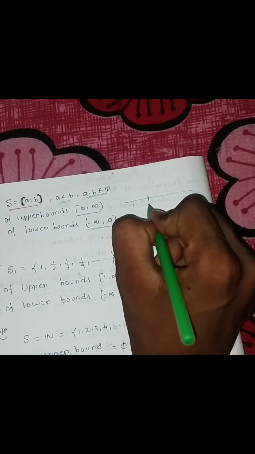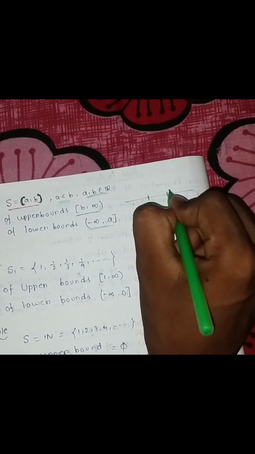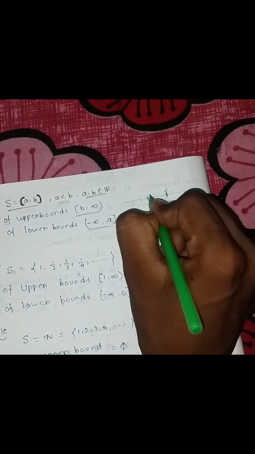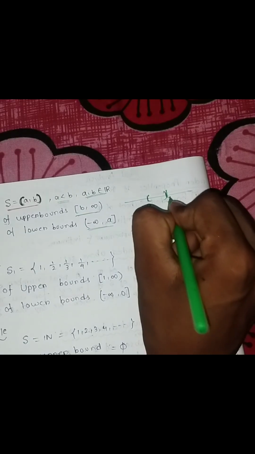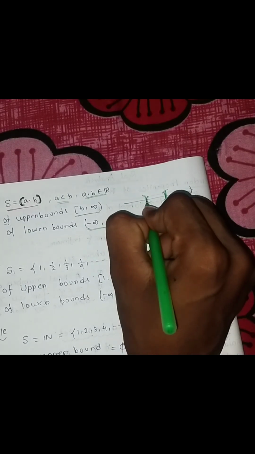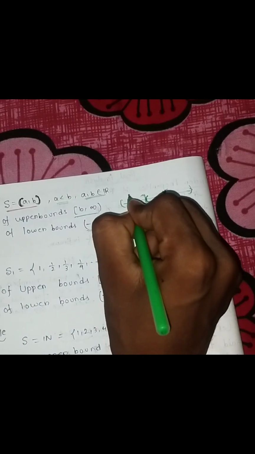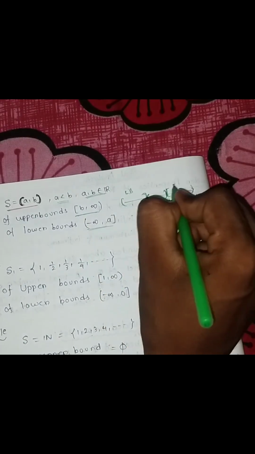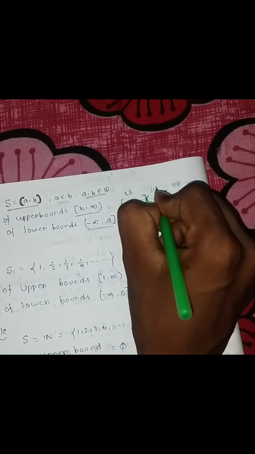This is a, this is b. If this is your set, then this is your upper bound and this is your lower bound, and this is our set.